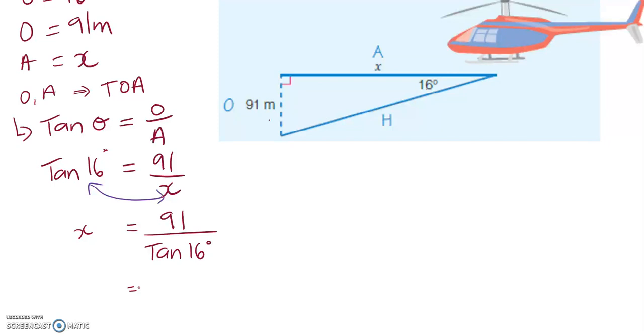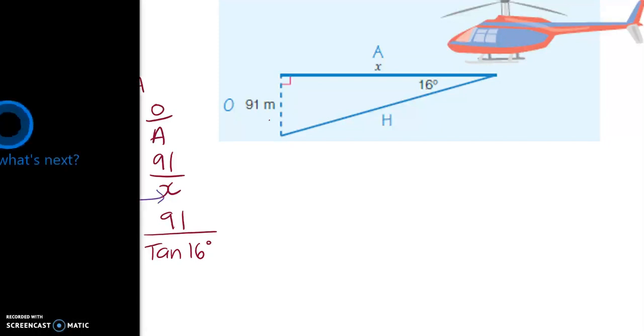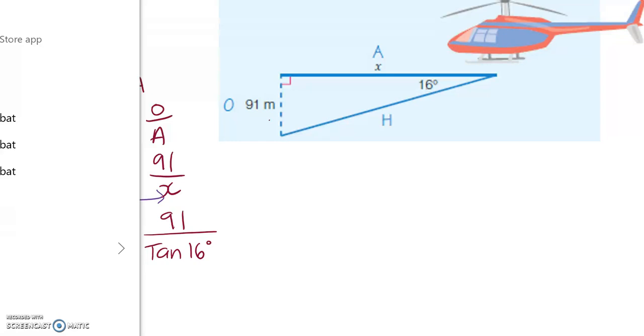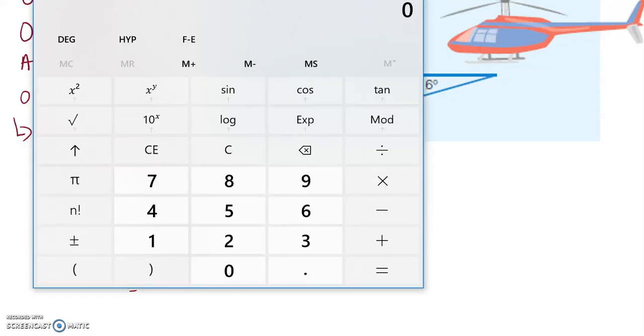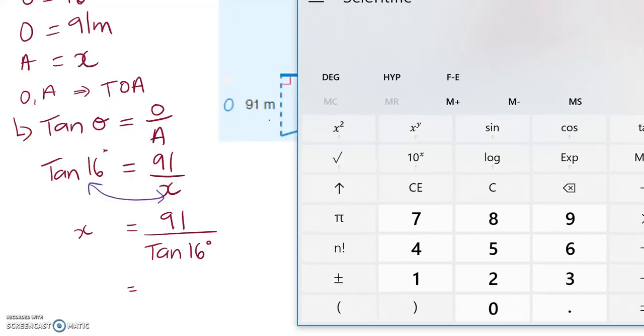If we get our calculator, a scientific calculator, let's do 91 divided by tangent of 16, close brackets.